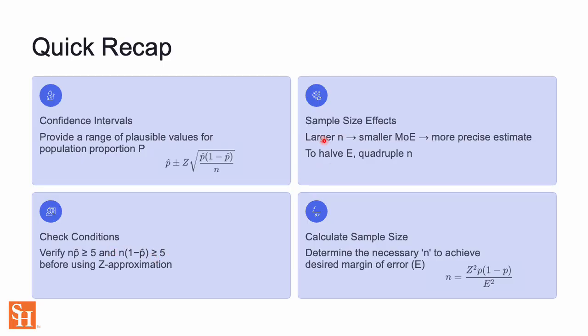We have also discussed that as the sample size increases, the margin of error becomes smaller, right? And we have also discussed how we can calculate the sample size using this formula to conduct an experiment, right? So that's all for today.